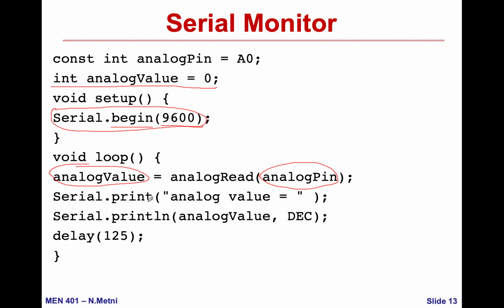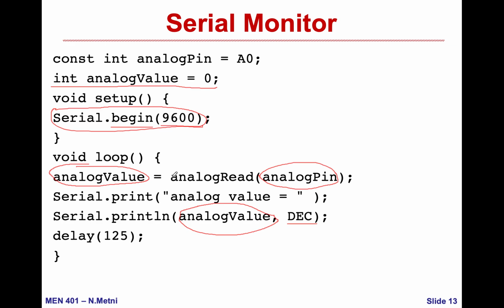Then I am printing "analog value equal". When I say Serial.print of this text, everything between the quotes will be printed as is. Then Serial.println, with ln, will print on a new line, and here you will put the analog value. DEC is one option: if this is a decimal, it can be set as decimal, but in this case the analog value is an integer from 0 to 1023, so I will not be using the decimal here.